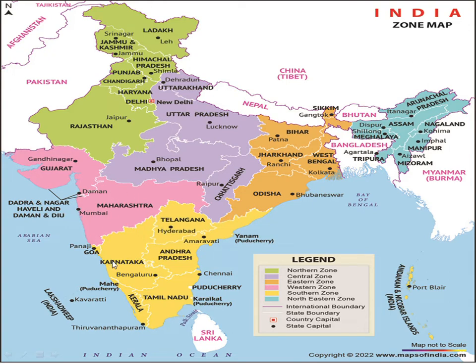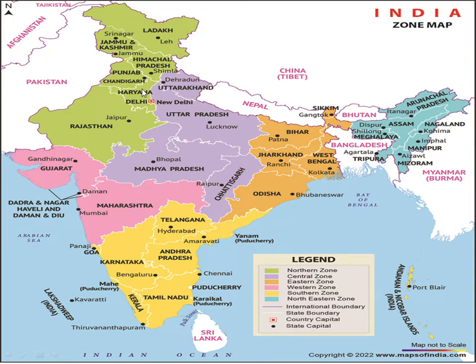Coming to the northern part of India. Actually, Jammu and Kashmir and Ladakh were both different entities of India. So you have to understand Chandigarh is a union territory. It is the capital of both Punjab and Haryana.